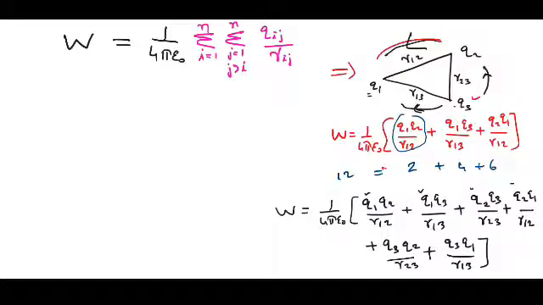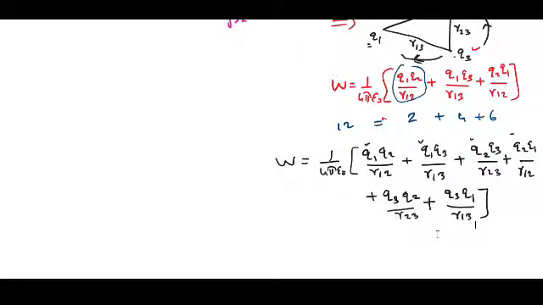Okay, in this way also you can write, but this is not true actually. Why? If you see, 1 by 4 pi epsilon 0 Q1 Q2 by R12, this term will give answer 2, and 1 by 4 pi epsilon 0 Q1 Q3 by R13 will give 4, and Q2 Q3 by R23, sorry, here I committed a mistake. This should be Q3.